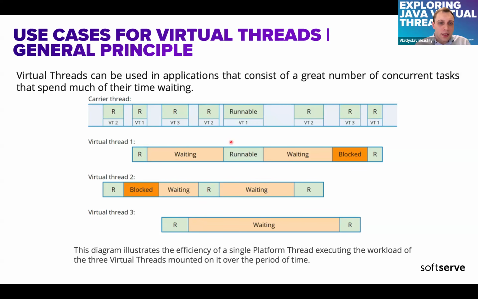So it's running, then this one's running, and so on and so forth. This diagram illustrates the efficiency of this single platform thread executing the workload of 3 virtual threads mounted on it. This way, we fill in the gaps that the carrier thread would otherwise just spend for nothing.